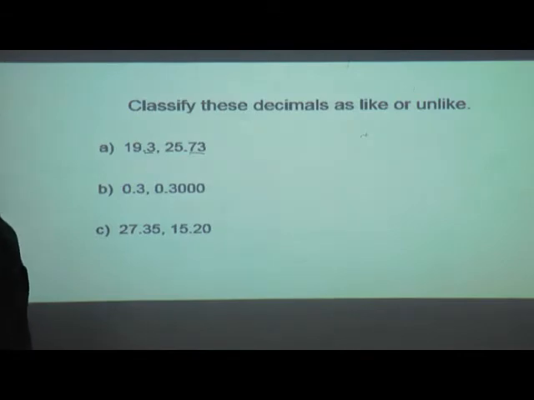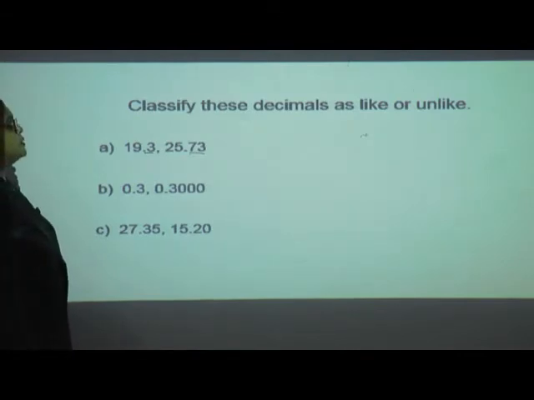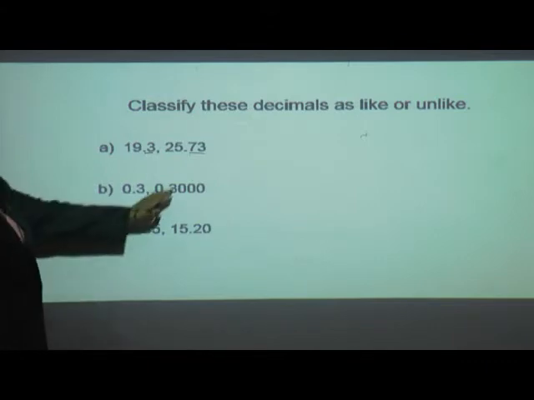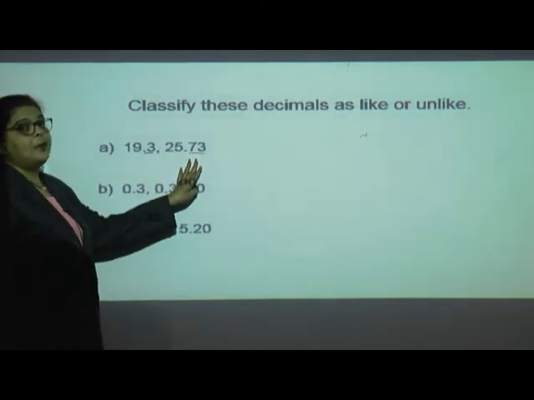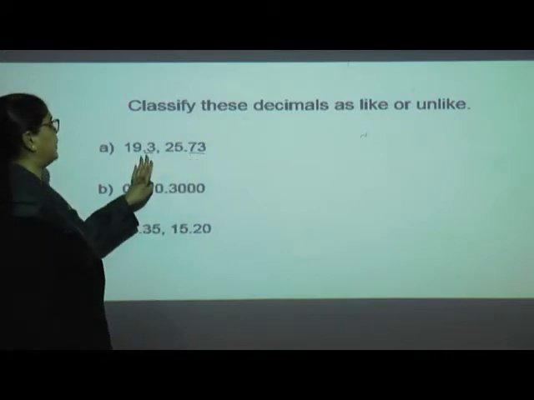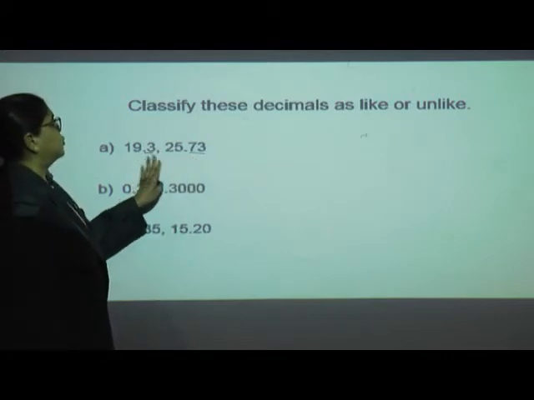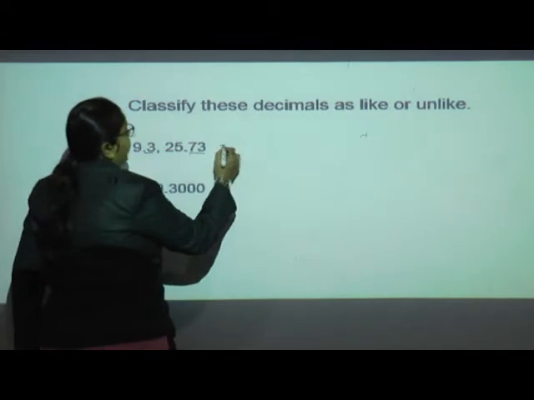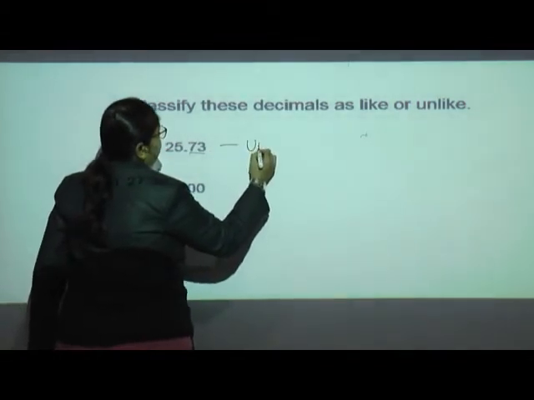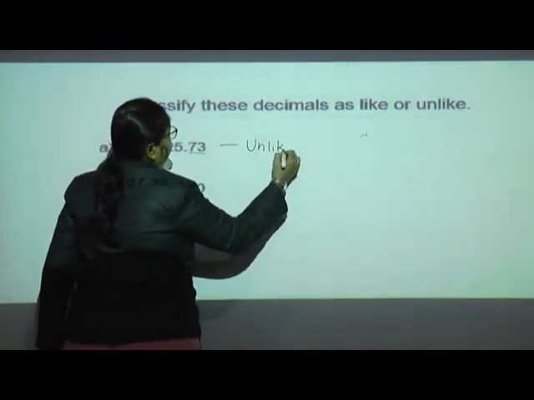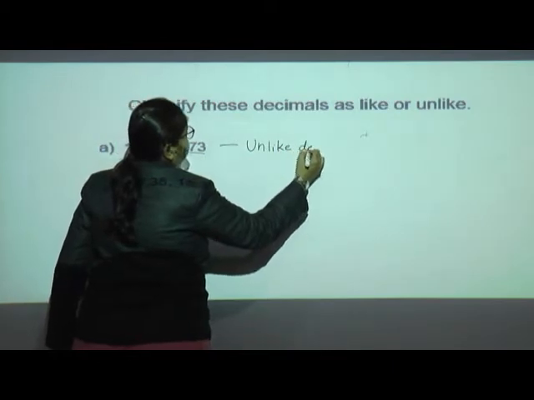So here it is 19.3, and the next decimal number is 25.73. Here we have 2 digits, or 2 decimal places, and here we have only 1 decimal place. So it is not like, so we write unlike decimals.